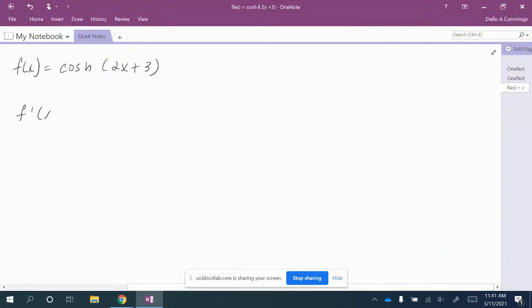So in order to find f prime of x, I'm going to take the derivative of the outermost function. So I'm going to leave the innermost function alone. So if I take the derivative for the outermost function, the derivative for the hyperbolic cosine.